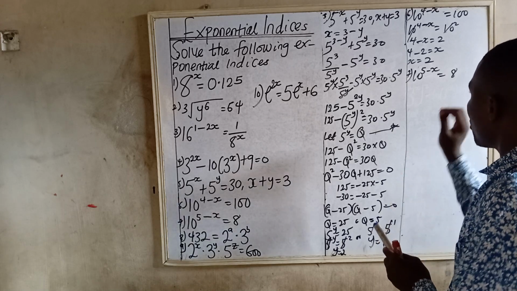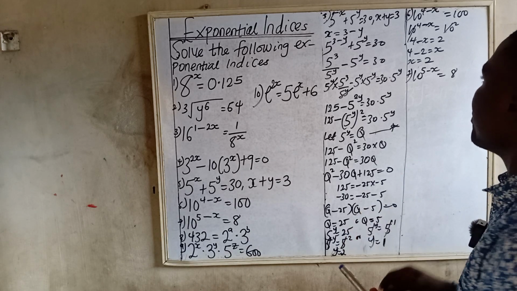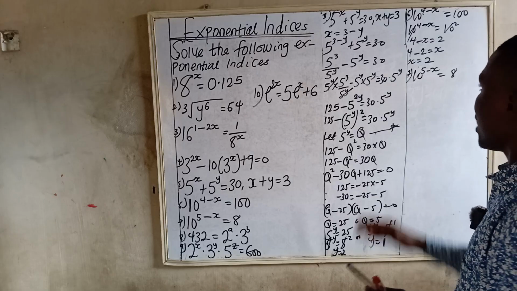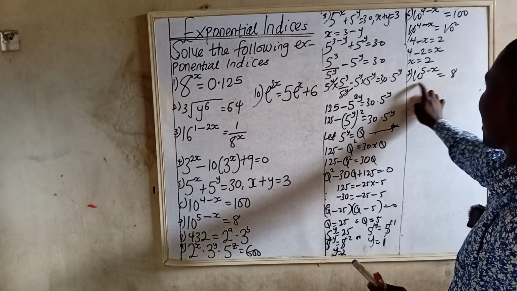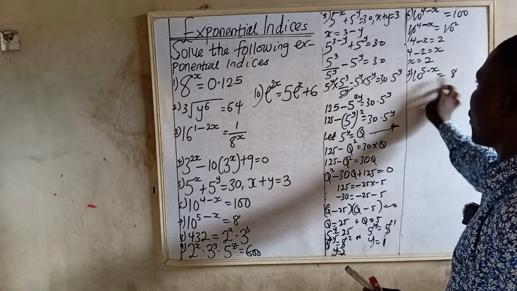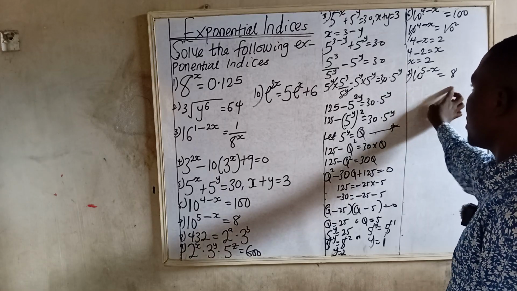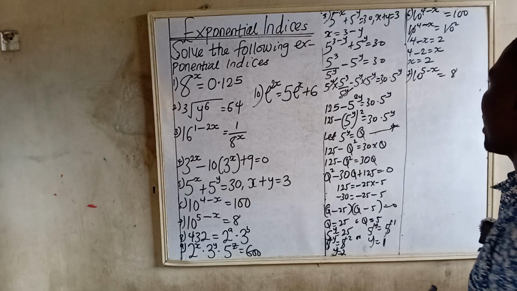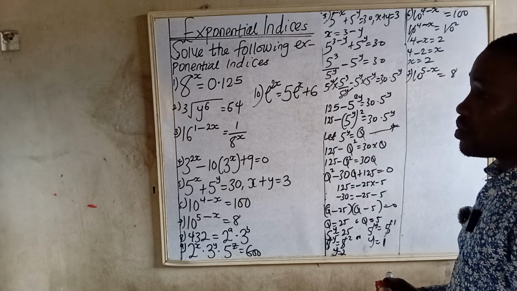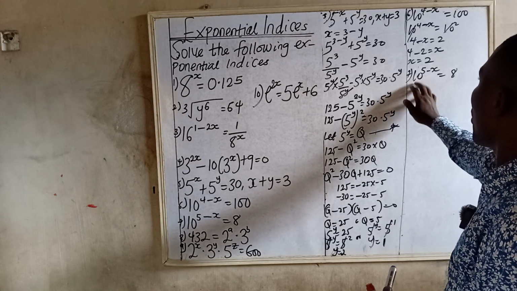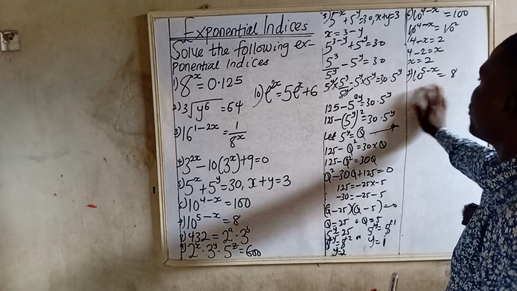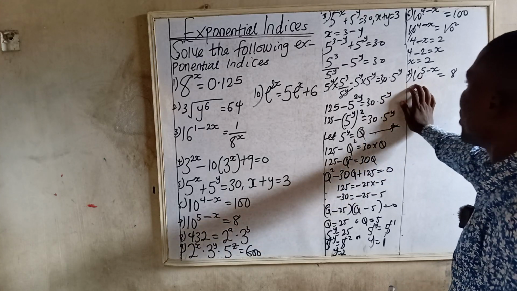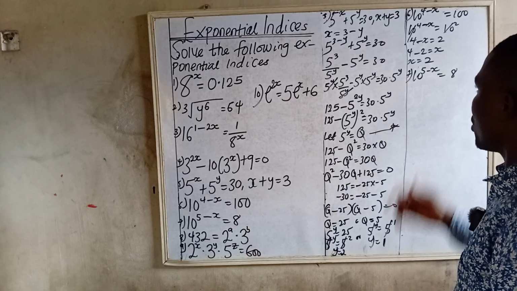Now, in a situation where you cannot make the base the same, like here, I cannot convert 10 and 8 to be of the same base. Never, it cannot. So I have to apply logarithm here. I'll take the log of both sides, because I cannot equate this 10 and 8 to the same base.